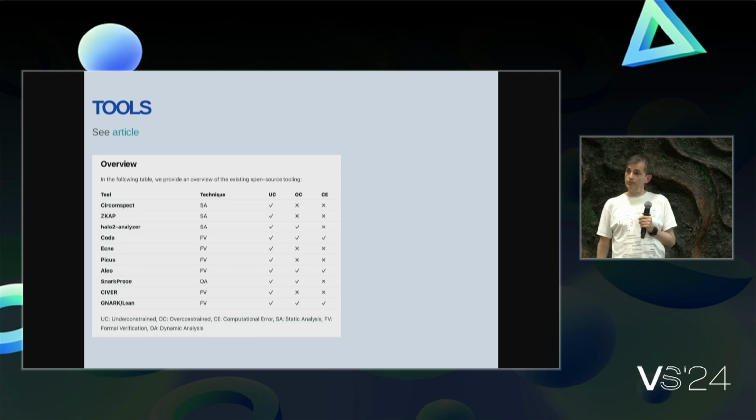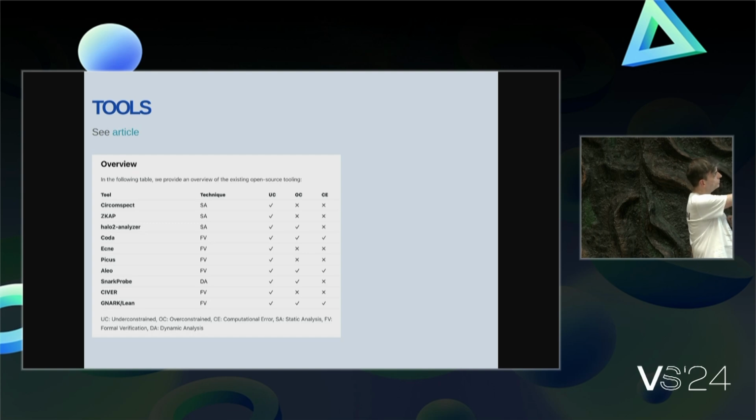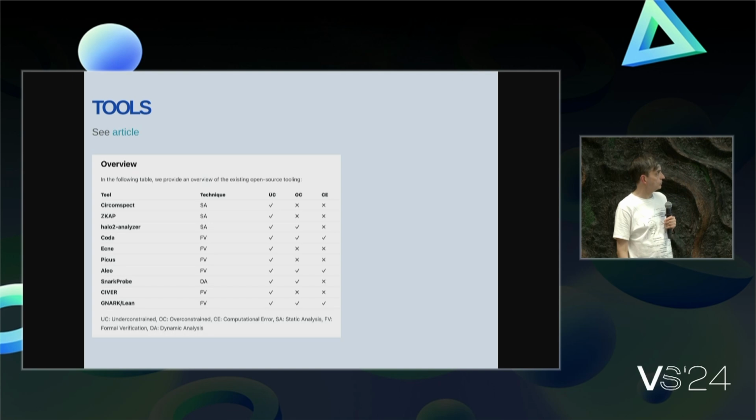Okay. Are there any tools to help us? Well, there are some, and these, again, are from the paper, I think, or maybe from an article. But these were really tools that I think apply to things like Circom, so they're for earlier things, not necessarily for some of the higher-level languages, but there are some that help us. We've got formal verification tools, static analysis, and symbolic execution tools as well.